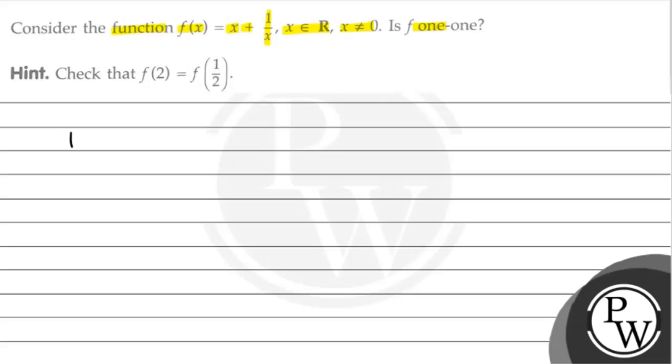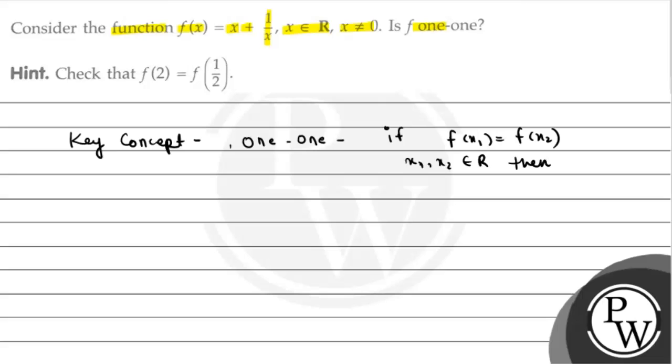Okay, so the key concept for this question is: a function is one-one. One-one means if f(x1) is equal to f(x2), where x1, x2 belong to real numbers, then x1 must be equal to x2.